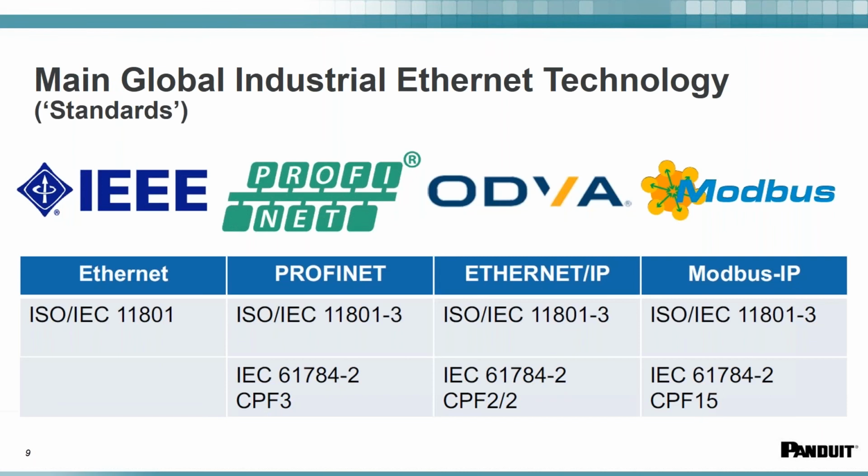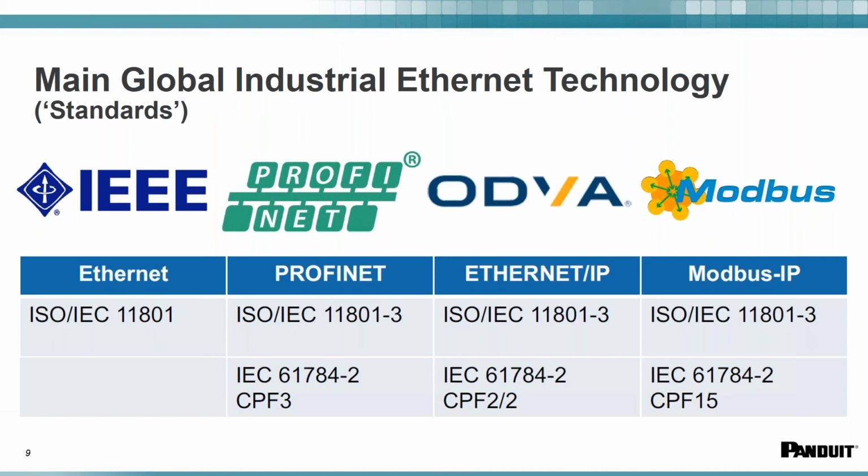With this said, I'm going to expose you to all of the different consortiums and organizations that existed over the years and evolved the communication standards to what they are today. So IEEE was the originator of the Ethernet standard as we know it, which is the IEC 11801. And a lot of the basic physical communication is based on this standard.